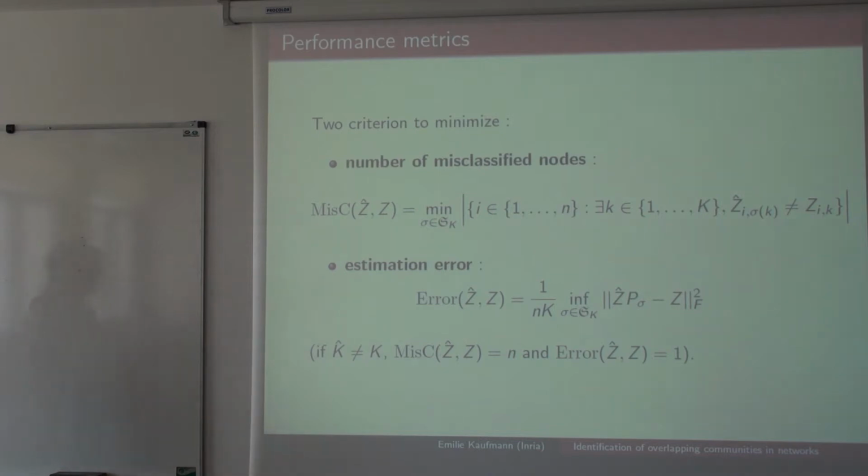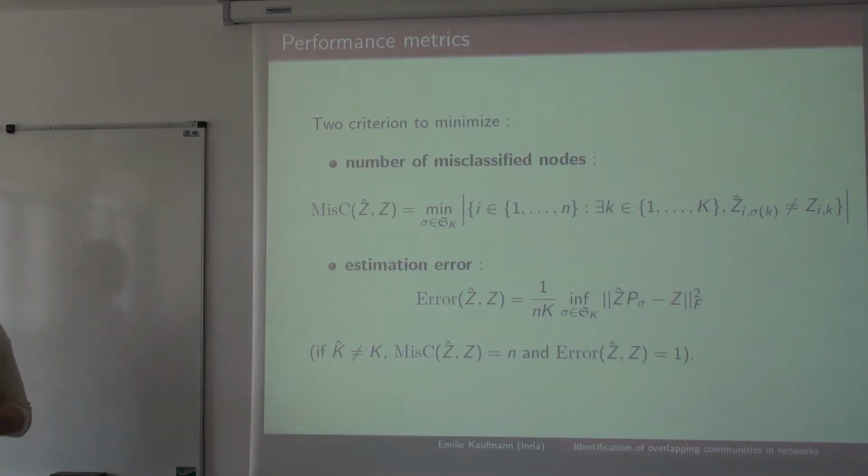We can also look at the estimation error, which is the fraction of entries in the matrix Z that were not correctly recovered. And of course, if our estimate of K is wrong, if we don't recover the right number of communities, then the error is maximal and the number of misclassified nodes is considered to be equal to all the nodes of the network.